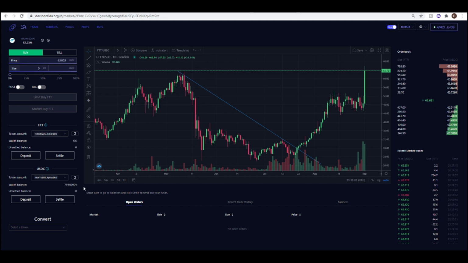Okay everyone, so I'm going to make a trade on Bonfida. Now because Bonfida is a limit order book exchange, you can either do a limit order or you can just do a market buy. So this is very similar to what you might see on a centralized exchange.